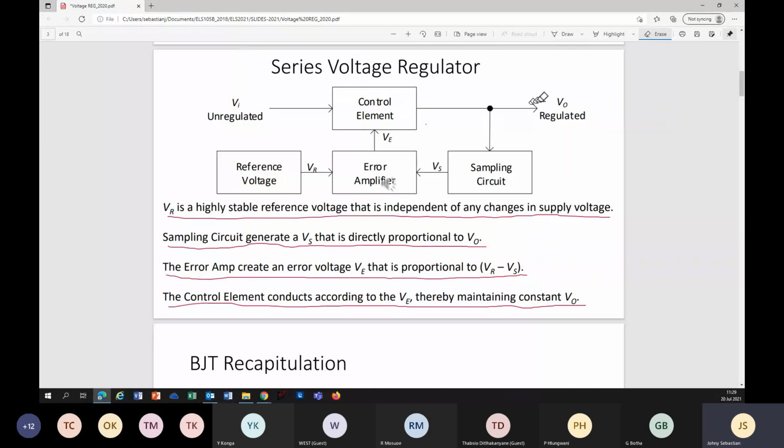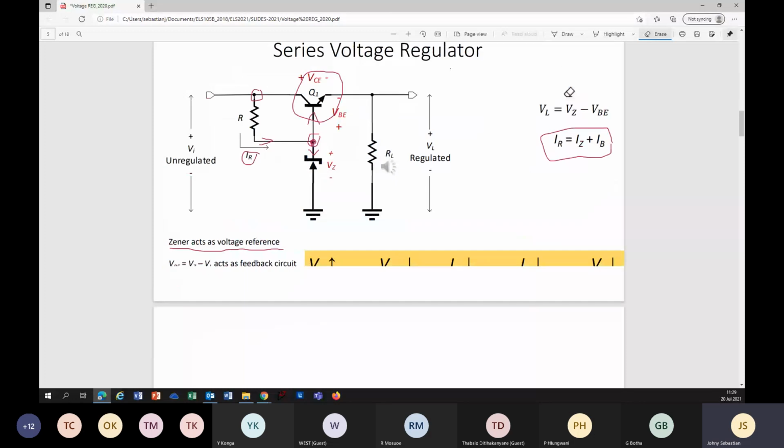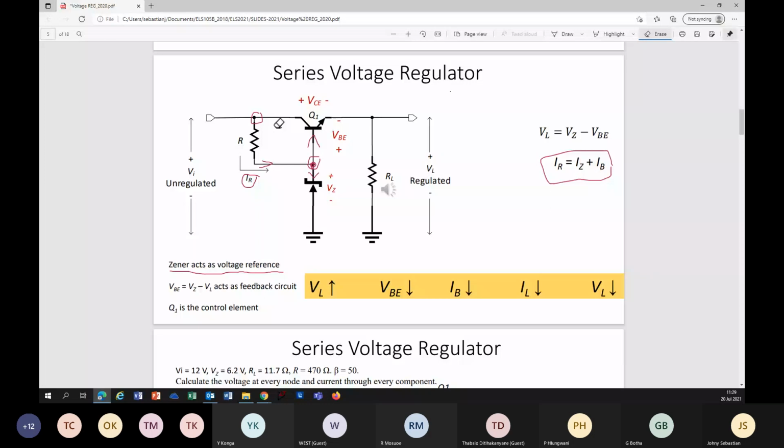Other end of the control element is VL regulated.